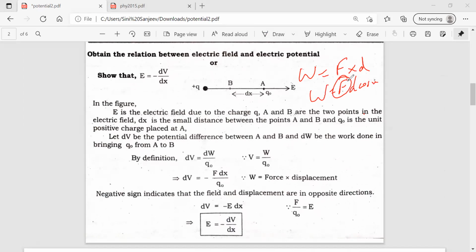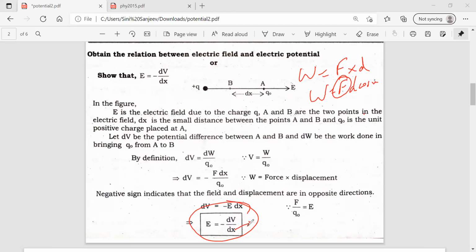So same thing here also, instead of force we'll use potential to move a charge from one point to another. So we have to only remember the last one. What is it? E is equal to minus dV by dx. V stands for potential, x stands for displacement.